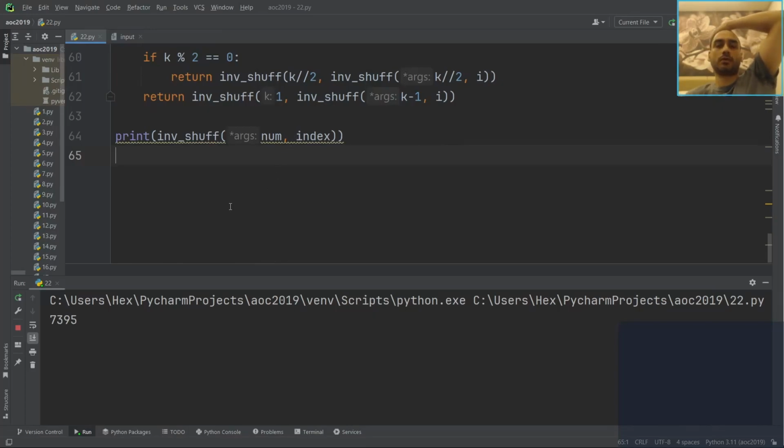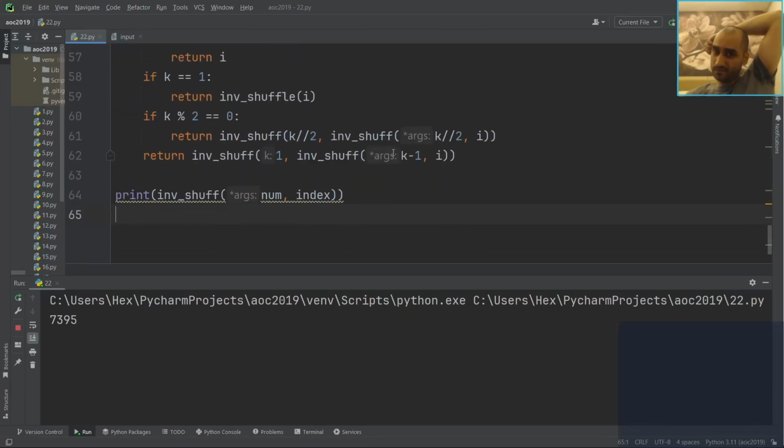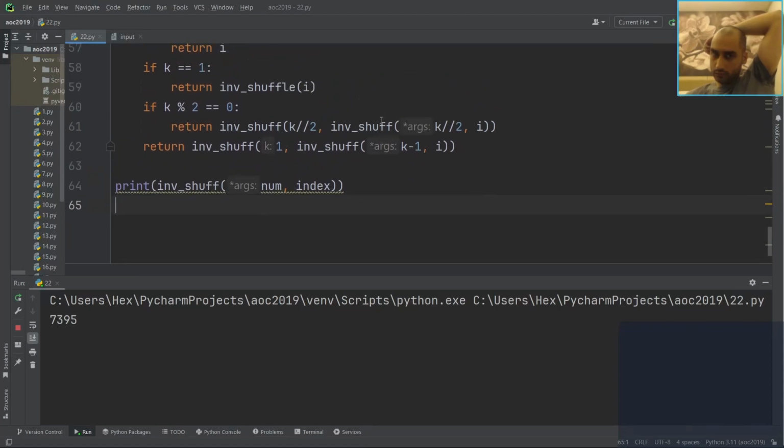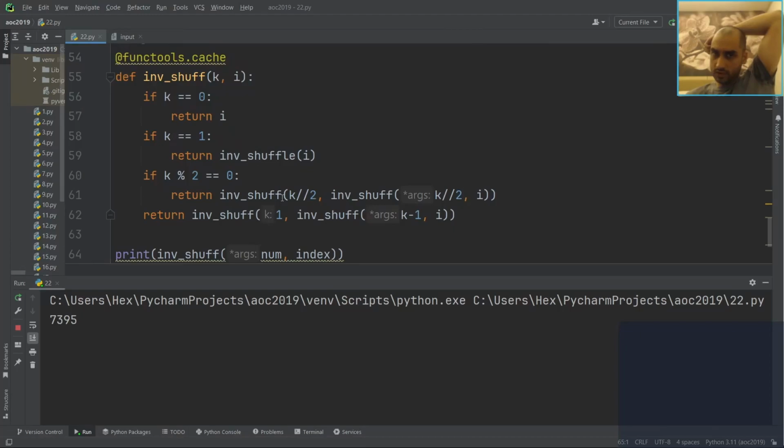I need to find a way to turn this into one operation instead of two, isn't it?